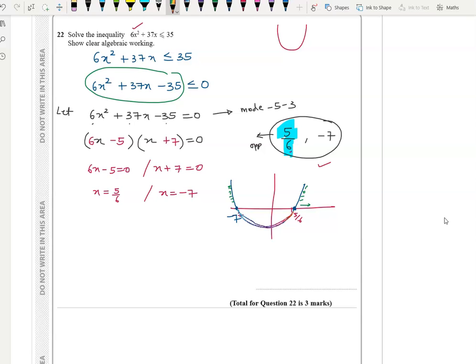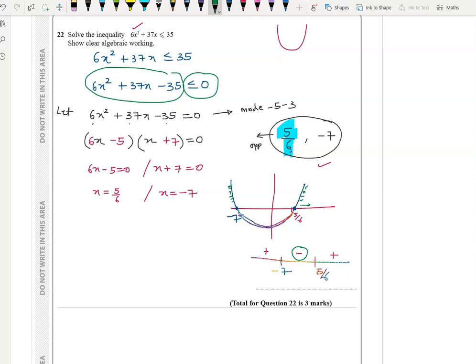So this we can also write in short like this. Okay, you have -7 and 5/6. So before -7, all the corresponding values of y are positive. After 5/6, it is positive. In between, it is negative. We are interested in the negative answer. We want less than 0. So we want this part.